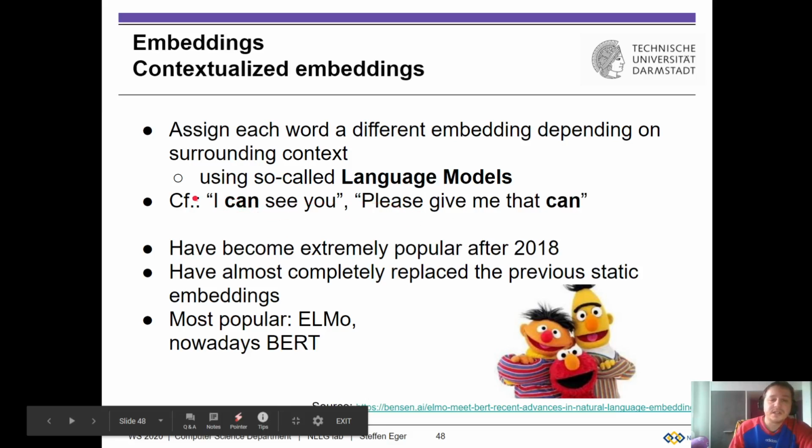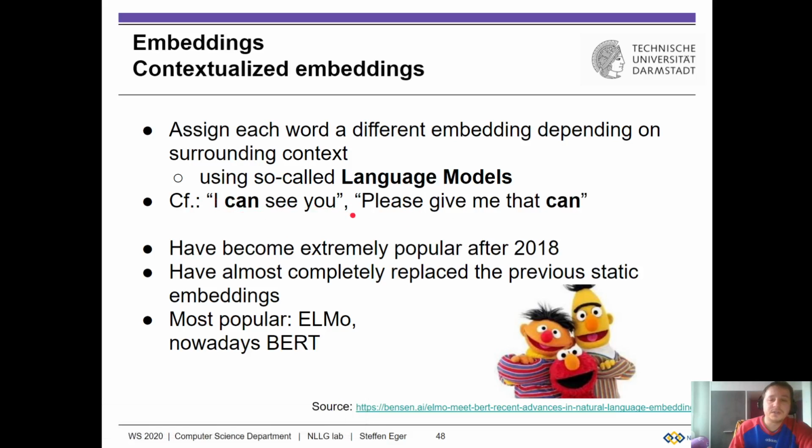If you see it in the context I can see you versus the context please give me that can, you'll easily identify that in one case it's a verb, a modal verb, and in the other one it's a noun, and the meanings are totally unrelated and totally different. So you would better give a word a representation that varies with its context.